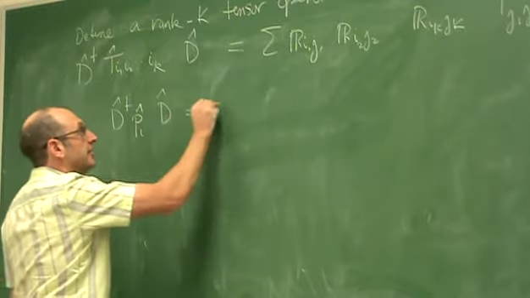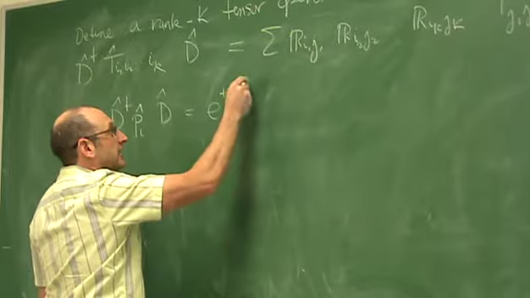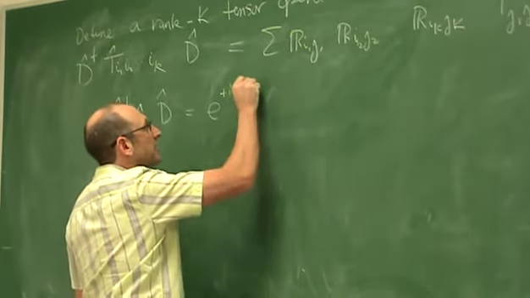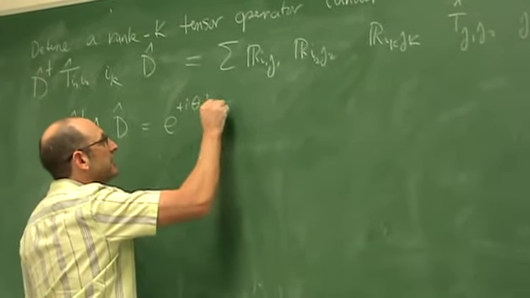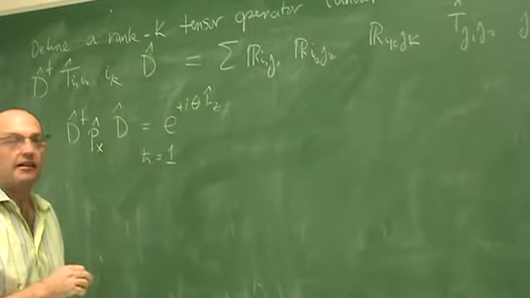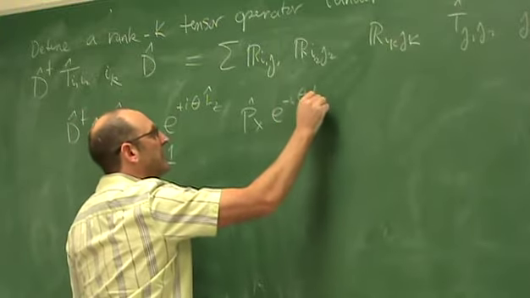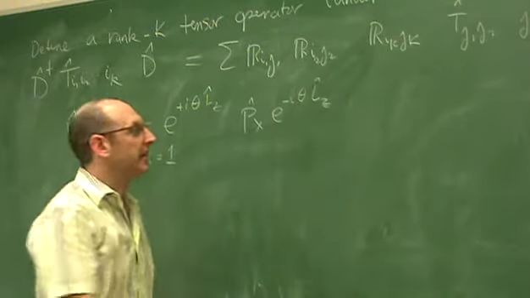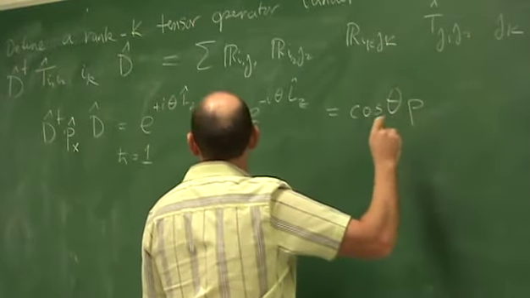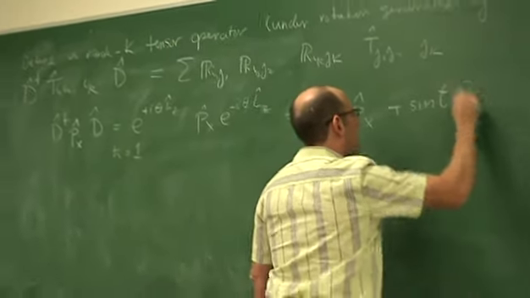then this is e to the plus i theta. Let's do a particular example. Let's say I rotate this around the z-axis. Okay, I'm going to set h bar equal to 1 from now on. You can show, after a little bit of algebra, that this is equal to cosine theta px plus sine theta py.